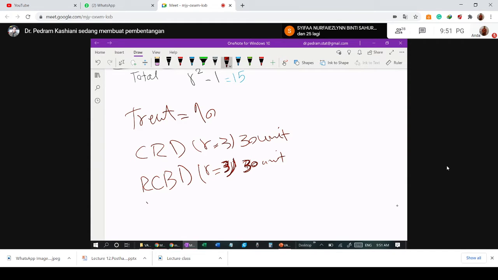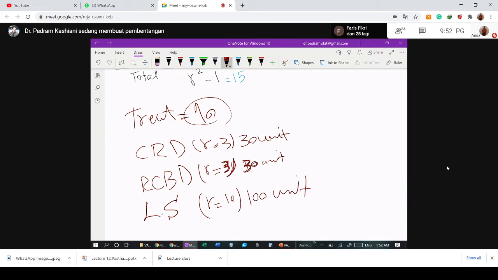But when I go to Latin square, it is not my choice to have 3 replications. I cannot do that. Why? Because my treatment is already 10. R has to be equal to 10. Therefore, I have to have 100 units. So this is the problem. It makes my design very big.